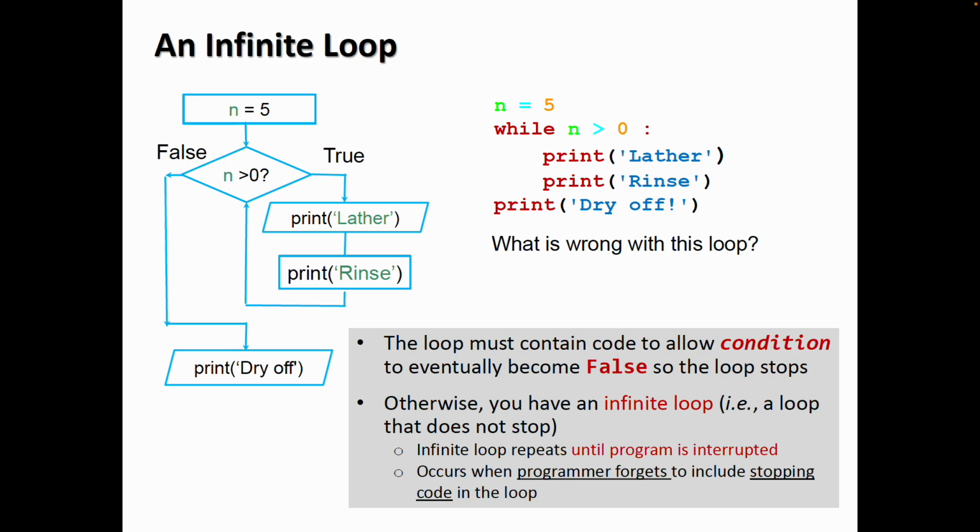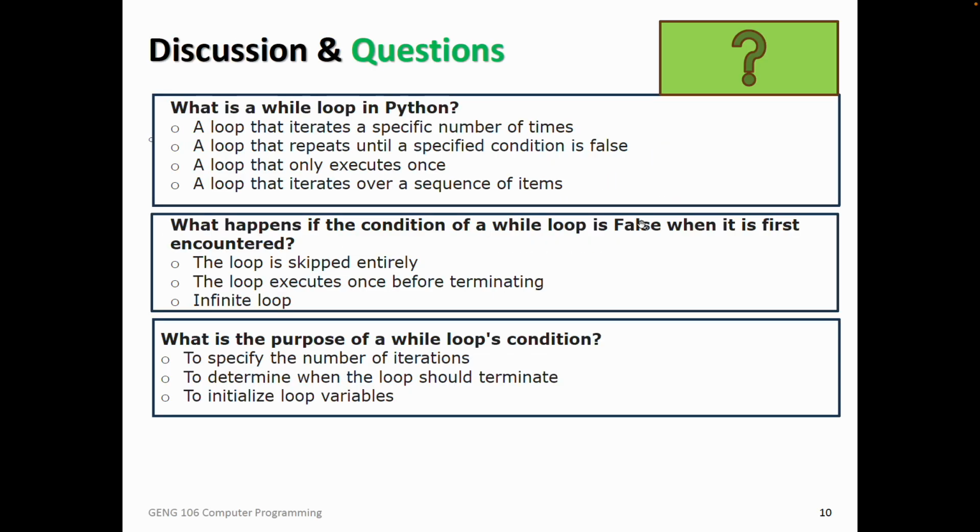Then print those two messages. Then I do not update the value of n. So what will happen is that n will always be greater than 0. So it will keep running again and again all the time without exiting that loop. So we should always be careful that we are able to exit from the loop.